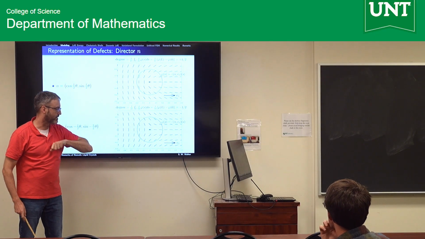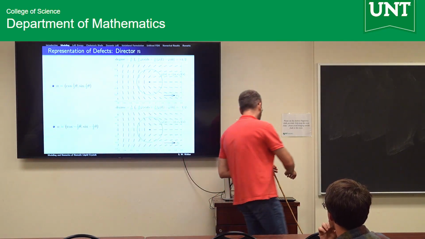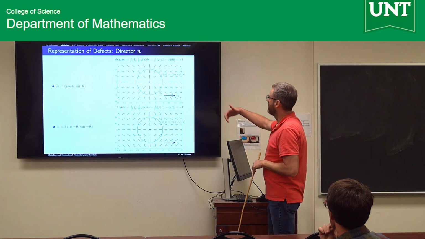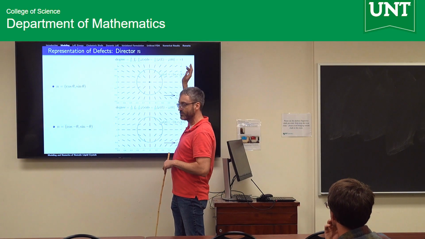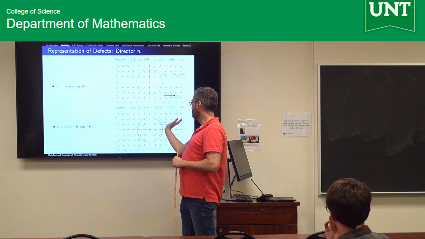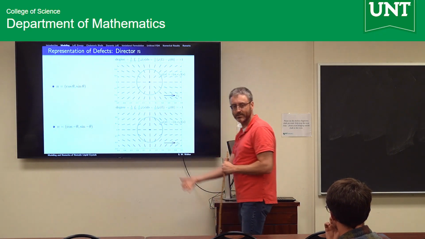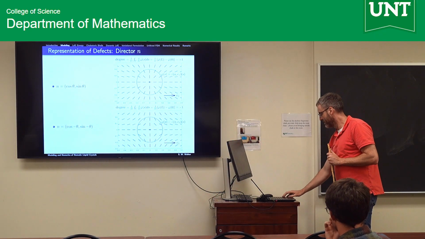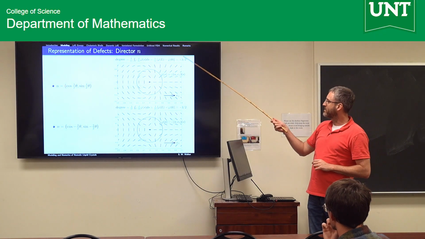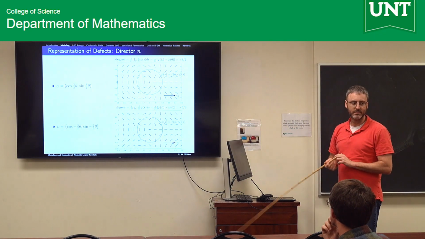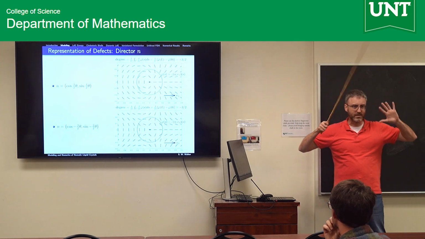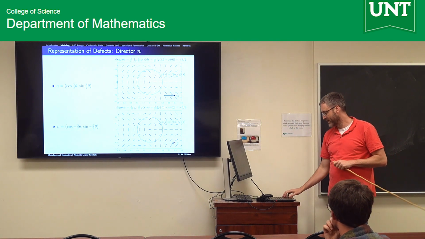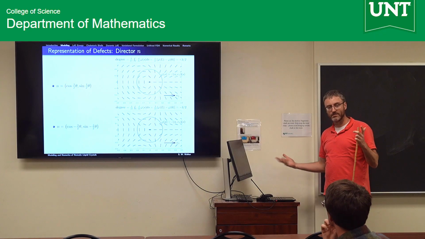So this is a -1/2 degree defect. And this would be a +1 degree defect, so it has a full 2 pi rotation. This is -1, it's rotating the opposite direction. You can go higher, +3/2, -3/2. As you go higher, the line field gets more erratic. So that's how you classify defects.